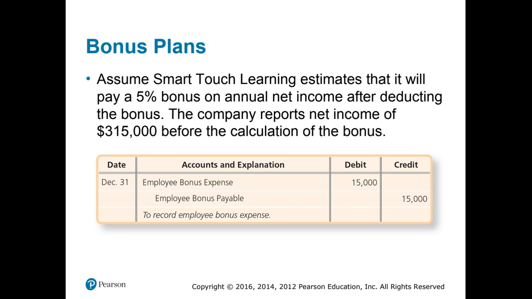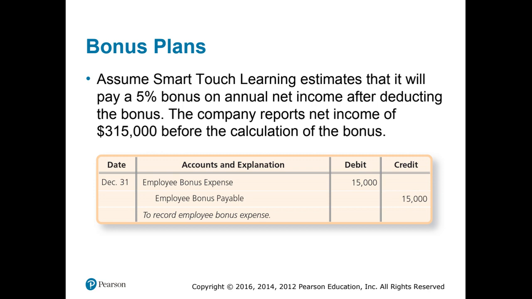So in your book, you'll see 0.05 times the total, 315,000. And then we divide that amount by 1 plus the percent, which is 1 plus 0.05, so 1.05. And when we do that, we're going to be left with 15,000. So that is how we calculated the bonus.